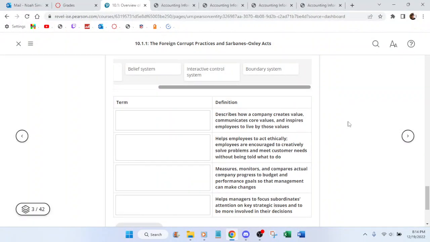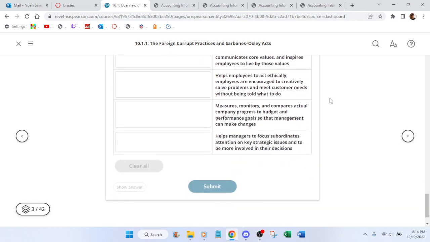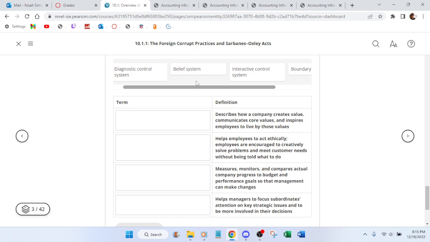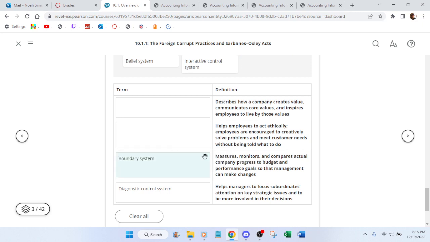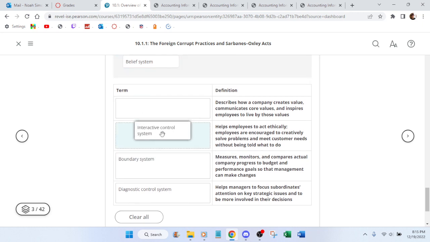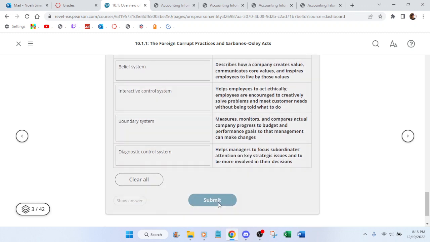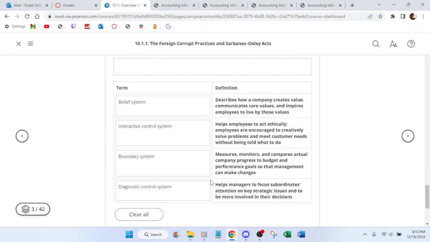Where? It's not even a key term. I don't know.